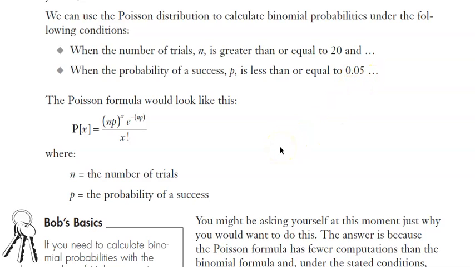So we can use Poisson formula instead of a binomial formula, and our Poisson mu or lambda, that is the mean, will be equal to n times p.